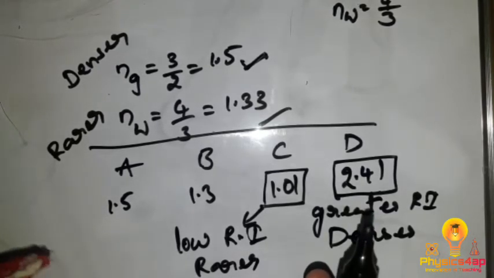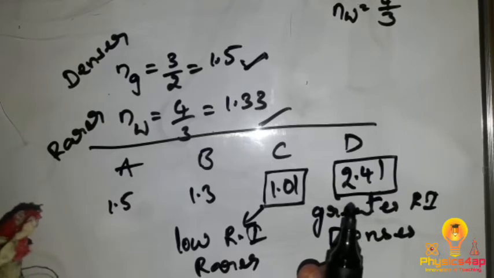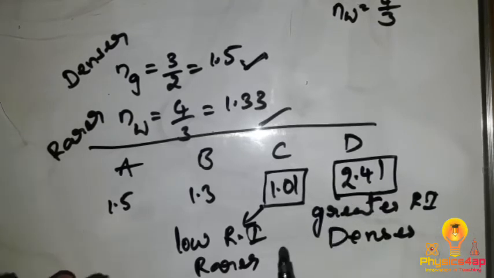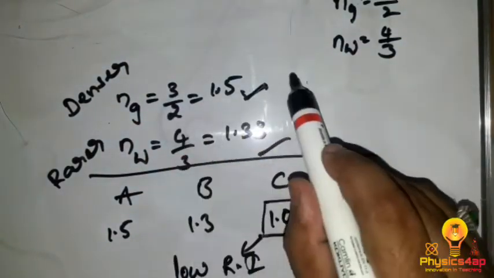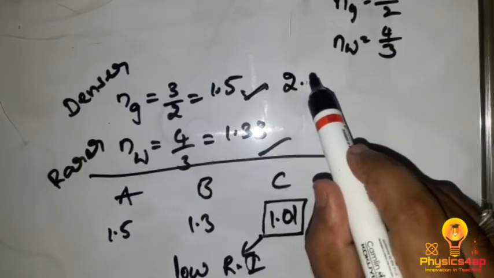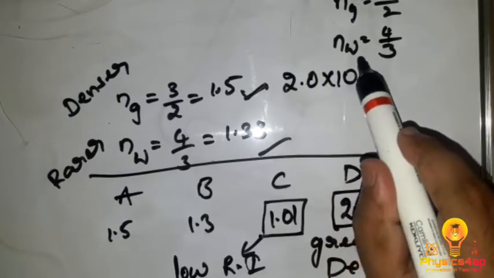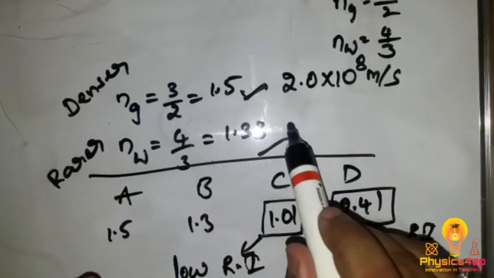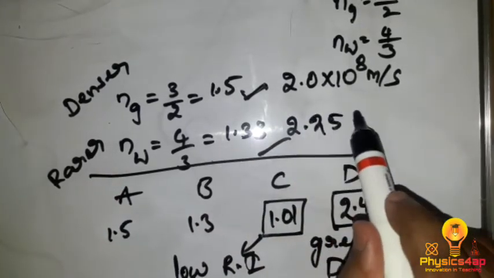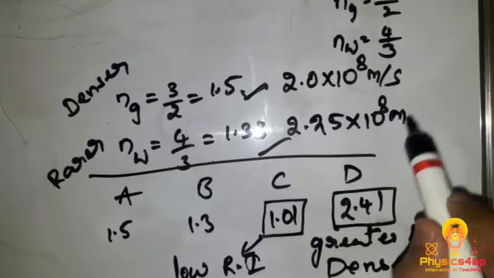So with the help of the refractive index, we can find which one is the rarer medium and which one is the denser medium. Very simple. As before, we found the speed of light in glass, that is 2.0 into 10 to the power of 8 meters per second, and the speed of light in water, that is 2.25 into 10 to the power of 8 meters per second.